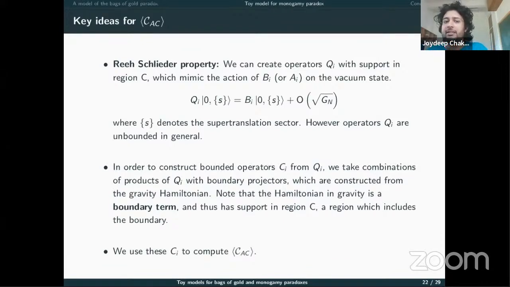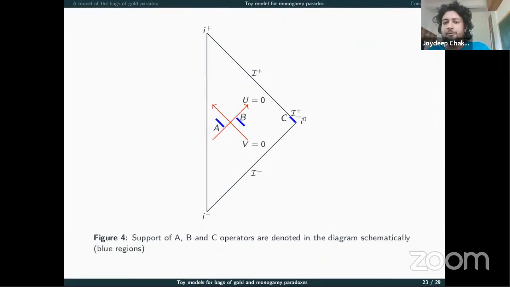The first thing is this Reeh-Schlieder property, which is that we can create operators QI with support in the region C, which mimic the actions of BIs or AIs on the vacuum state.